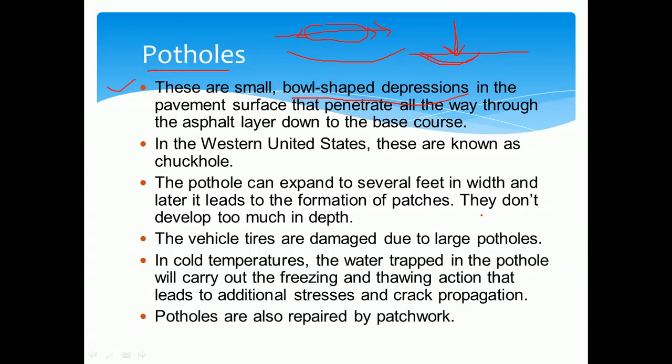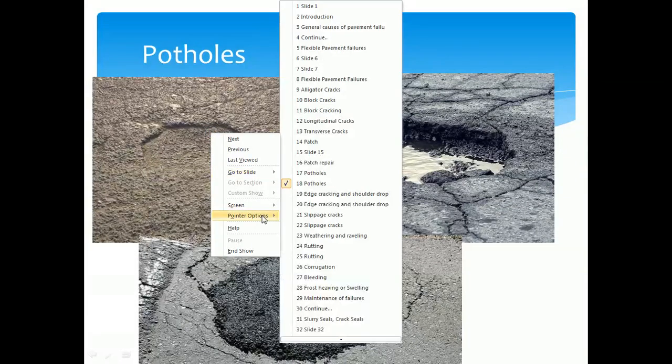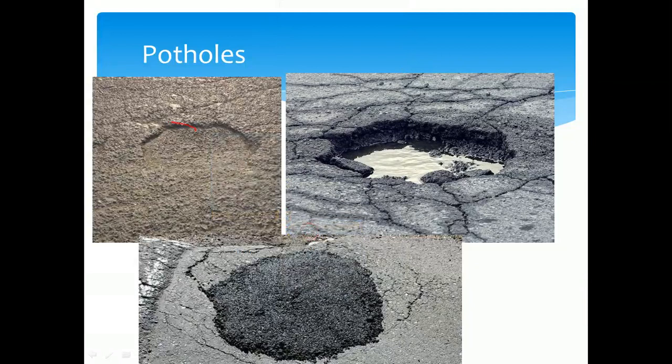And potholes we are repairing by patchwork. You can observe here the dimension of the pothole may increase with the continuous movement of the vehicles on the pothole. You can observe here it may be a smaller dimension, the depth of the pothole is less at the beginning, and it may increase by the continuous movement of the vehicles.